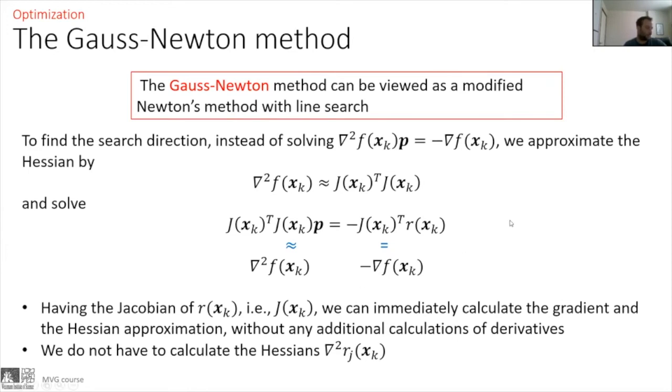Maybe an intuition for that: when you are close to the minimum, the residuals are small, and this is the reason that you can neglect the second term. Either small or can be approximated by some linear approximation. Therefore, the second derivative, which is the multiplication there, can be neglected.